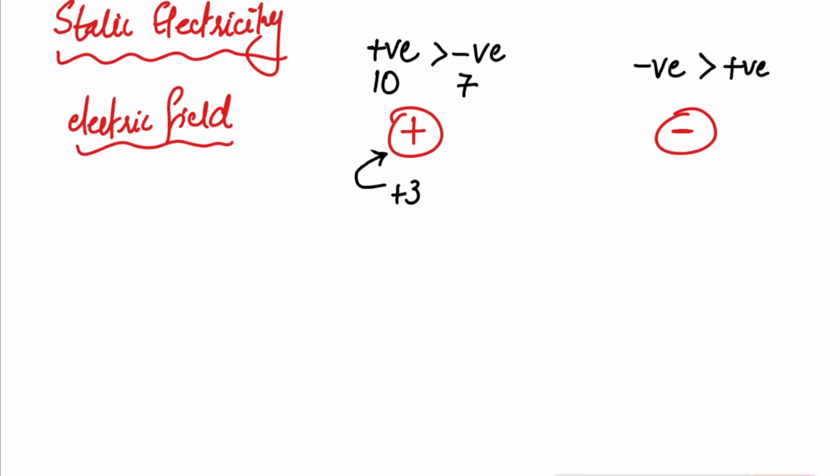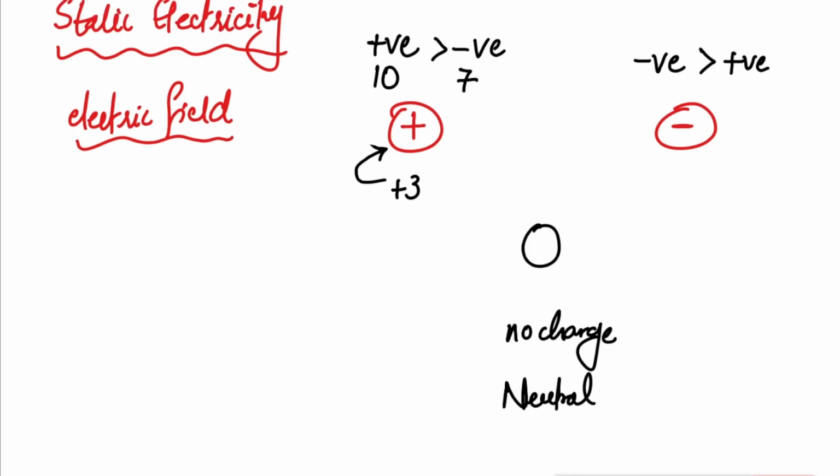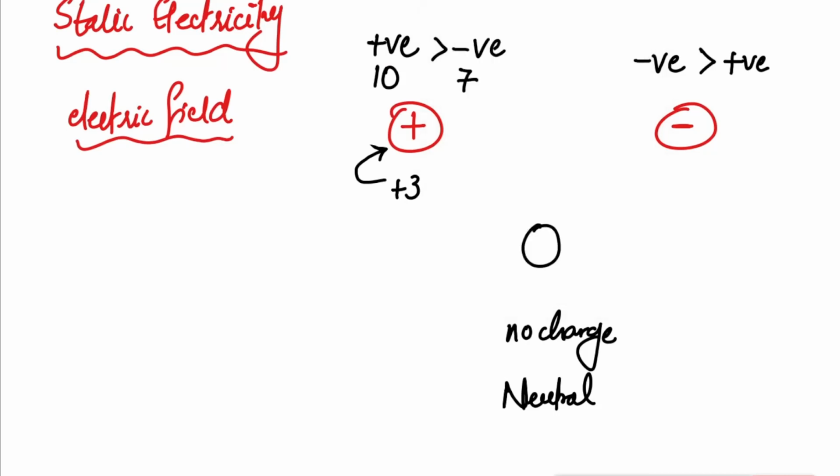Another misconception would be about an object that has no charge. That is technically not a preferred term. We prefer to write neutral. Why do we say that? Because when an object has a neutral charge, that means that the positives and the negatives are equal in number, overall cancelling each other's effect out.